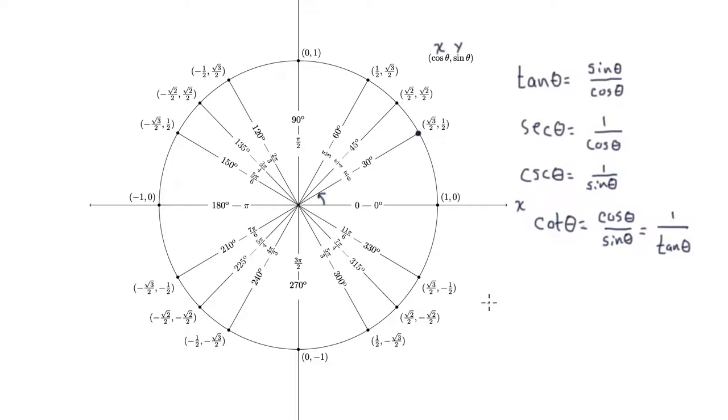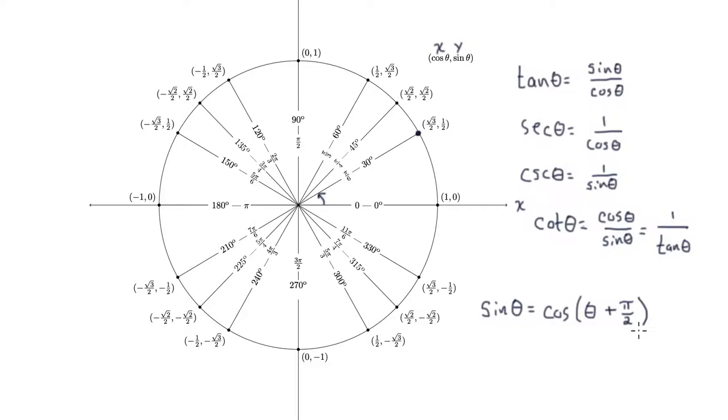So what I mean is that sine theta is really nothing more than just cosine of theta plus pi over 2, or if you prefer 90 degrees. So sine is really just a translation of cosine, which is really cool.